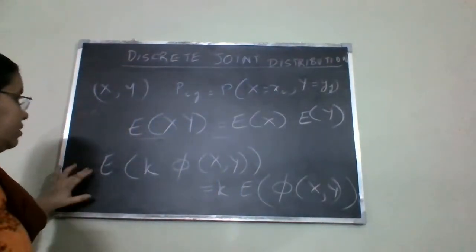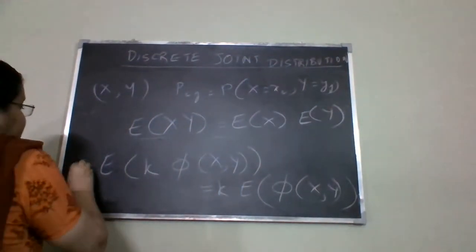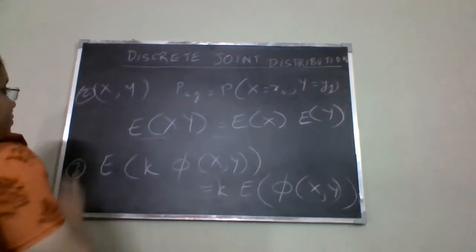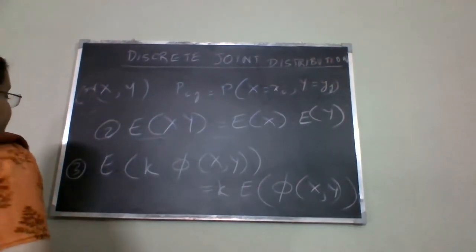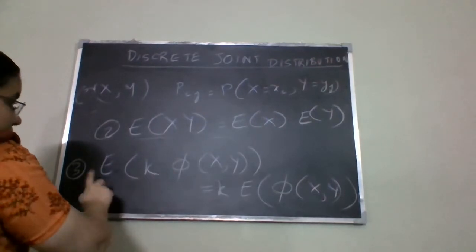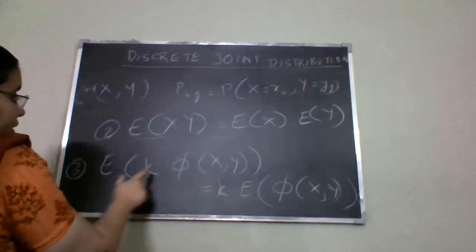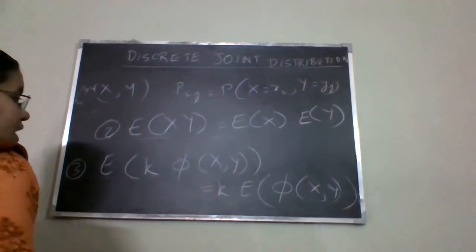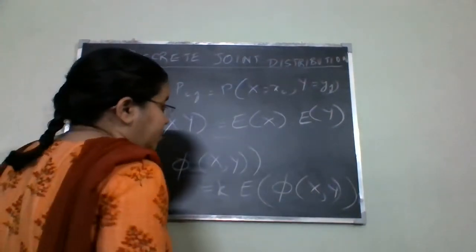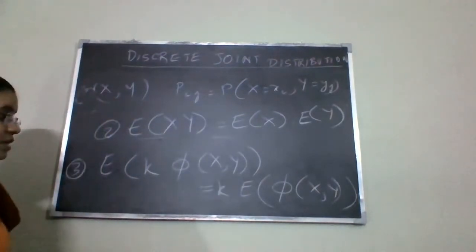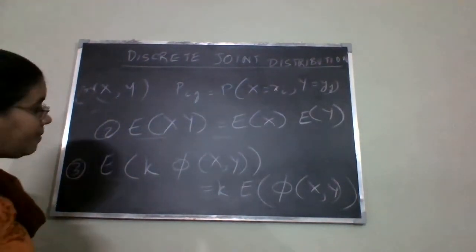I repeat, this is my theorem 3; this was theorem number 2. So the expectation of this particular function with a constant: first the constant will come out and then we will have the expectation of this particular function. How to find the expectation was already explained in the previous videos.